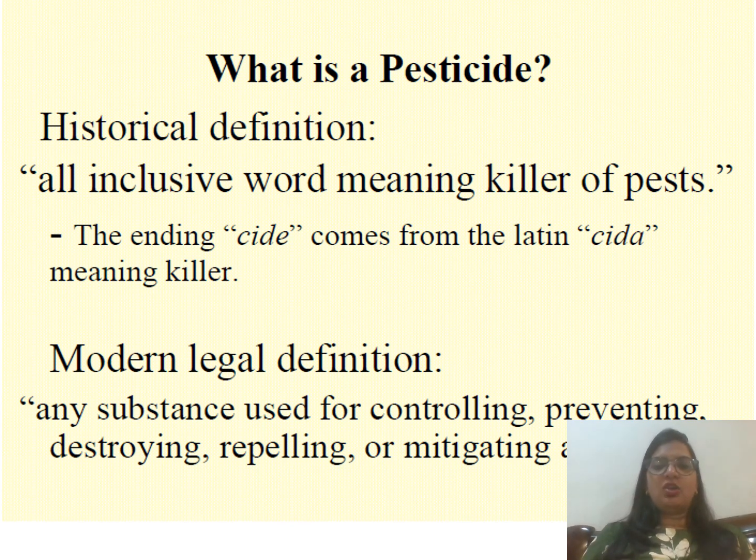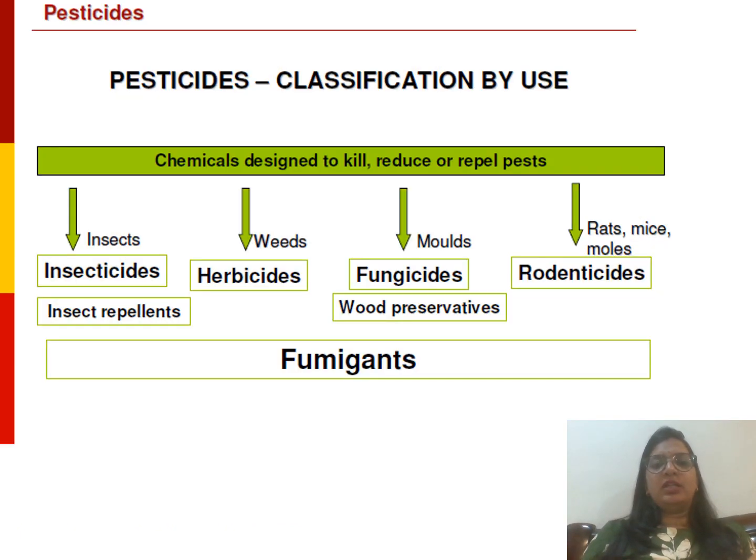On the basis of their action, their structure, their nature, pesticides have been divided into various categories. Now let us understand these classifications. If we want to divide pesticides on the basis of their uses, then pesticides are divided into 4 major categories.